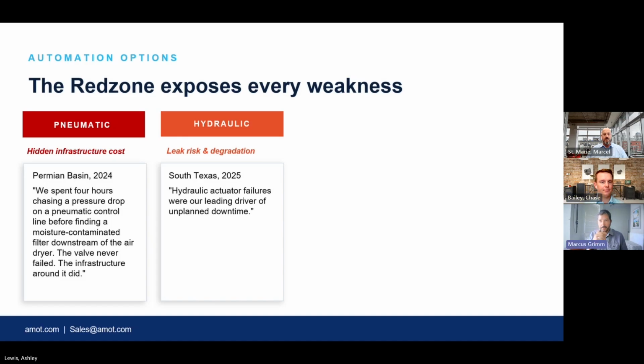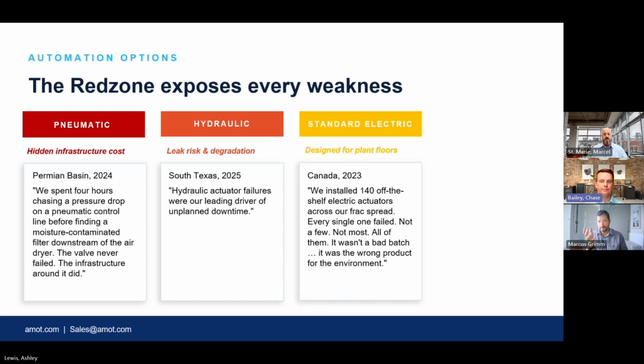Right. So then we've got pneumatic, we've got hydraulic, and there's a third way. Talk to us about the third way. So third, for this presentation, we'll call it standard electric. When operators move this direction, I think from a reliability and accuracy standpoint, it's probably a step in the right direction.